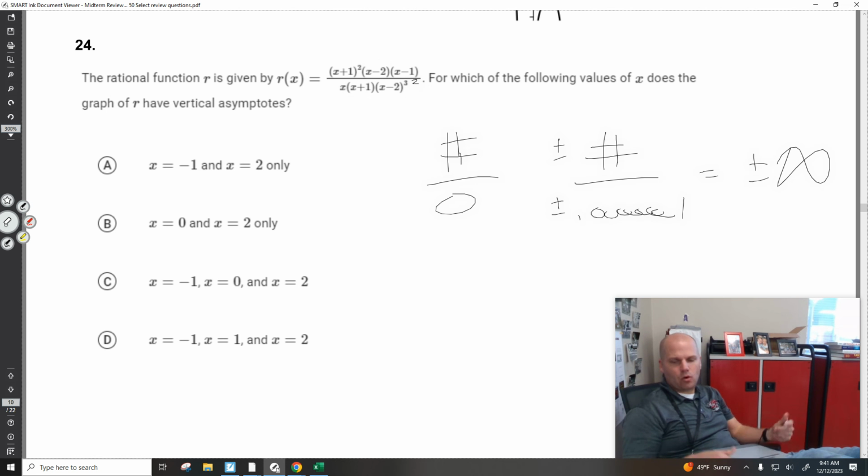You would think we have holes at 2 and -1, but the fact that I still can't divide by 0 makes 2 a vertical asymptote. I'll be able to plug in -1 after simplifying, which means -1 is a hole. Can't plug in 0 at all. You get a number over 0, vertical asymptote. So 2 and 0, tricky question.